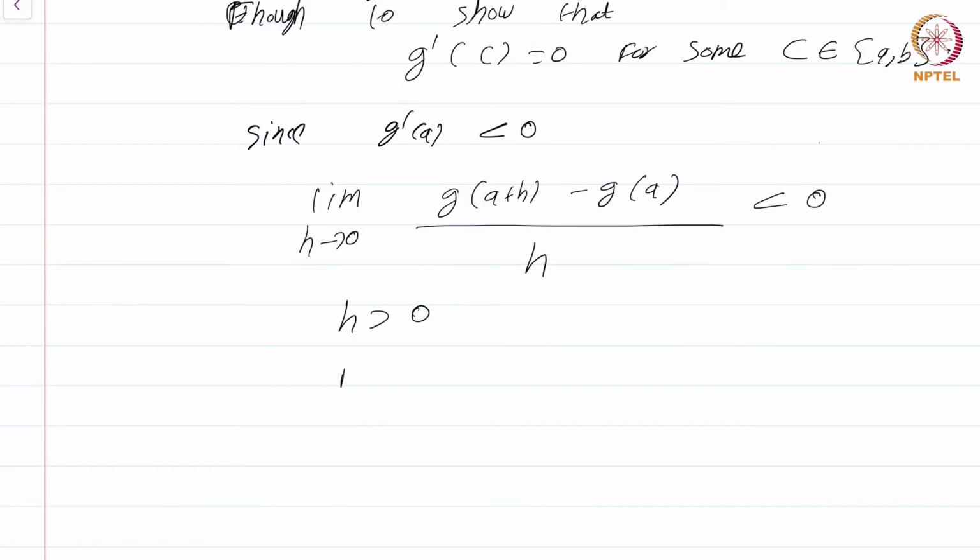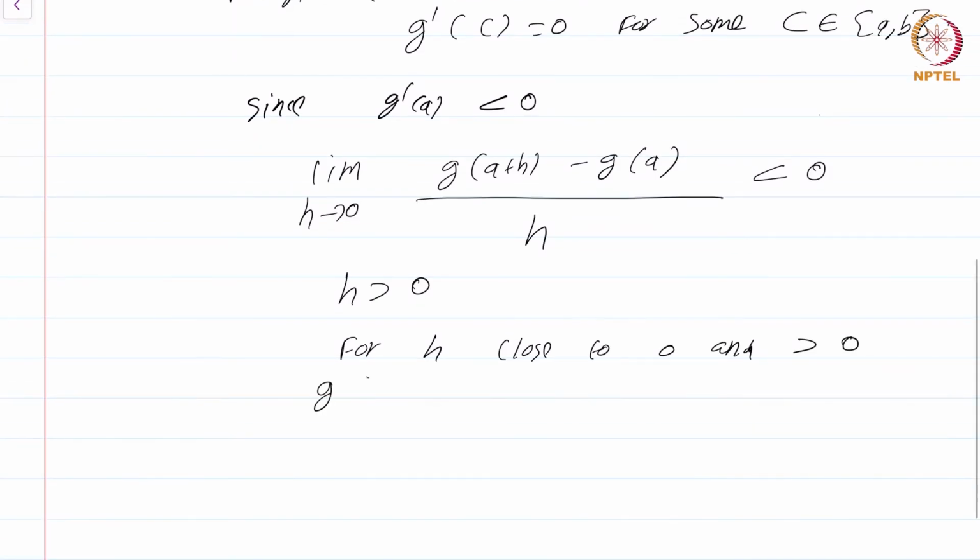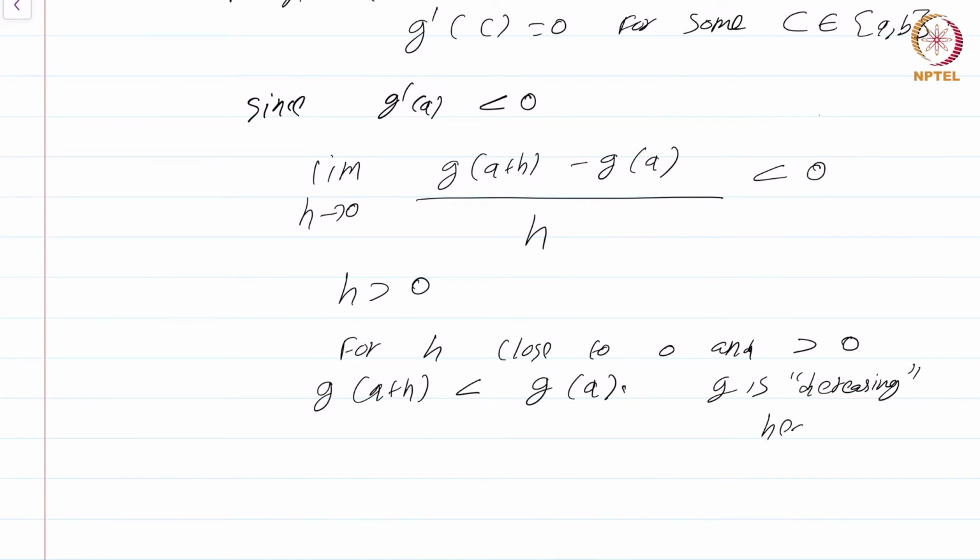In other words, for h close to 0 and greater than 0, we get g of a plus h is less than g of a. In other words, g is decreasing, I'll put this in quotes, near a.